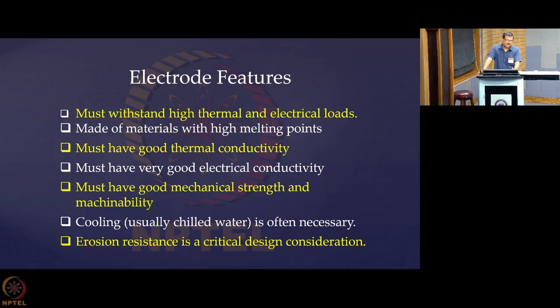At that time, if there is not sufficient mechanical strength, then it may lead to deformation, which will disturb the structural integrity. So, you require good mechanical strength and machinability. Then cooling for these electrodes is very necessary because you are dumping so much heat load and you need to take away the heat for structural integrity to be maintained.